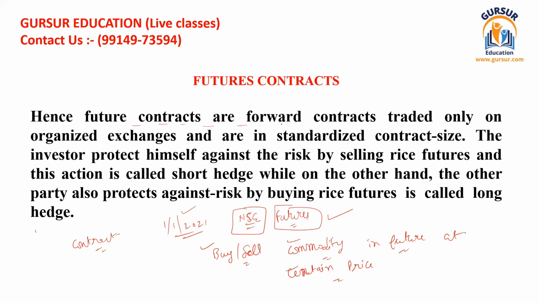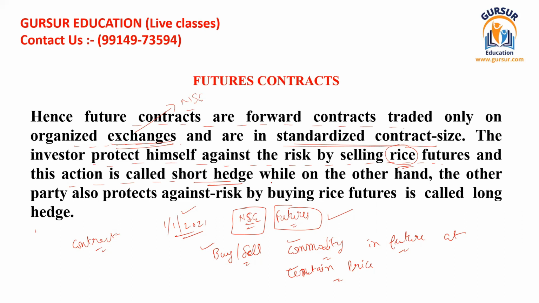So futures contracts are forward contracts traded only on organized exchanges. Organized exchanges here means NSE or BSE, and these have a standardized contract size. The investor protects himself against risk by selling futures, and this action is called a short hedge.